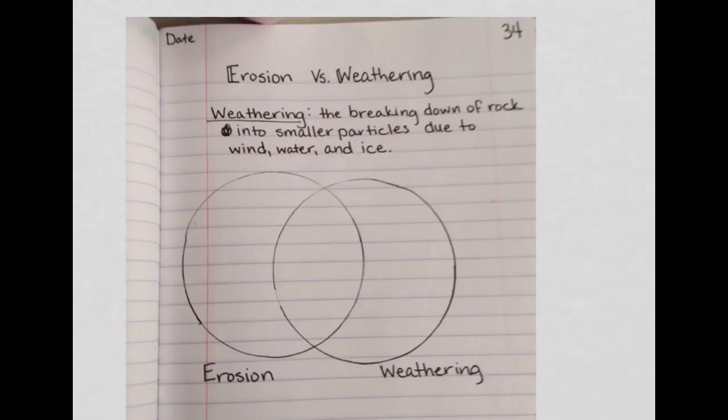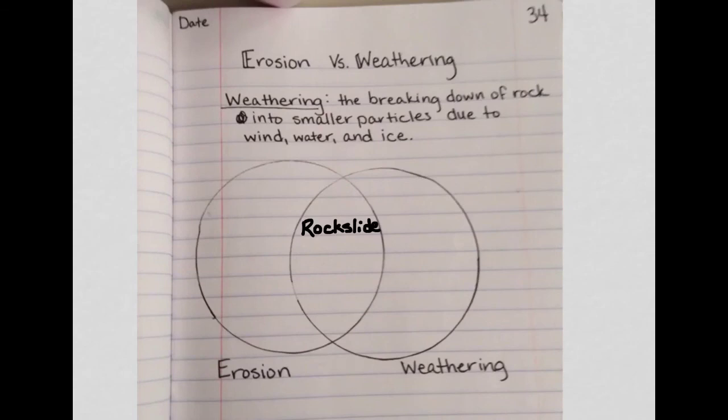Okay, and from the video that you watched before, I want you to draw a Venn diagram at the bottom, and you're going to list examples that are erosion, examples that are weathering, and anything that could be both. For example, a rock slide could be considered both, because not only does the movement of the rock sliding down break them down into smaller pieces, it is also causing those pieces to move, which is what erosion is.